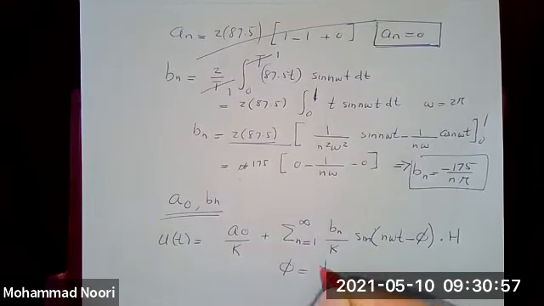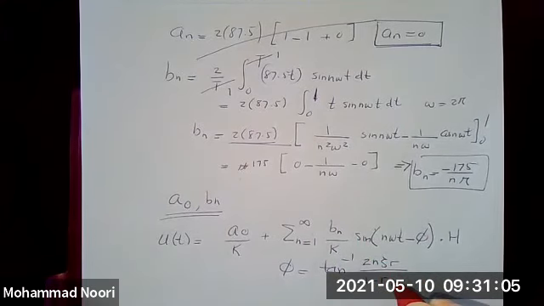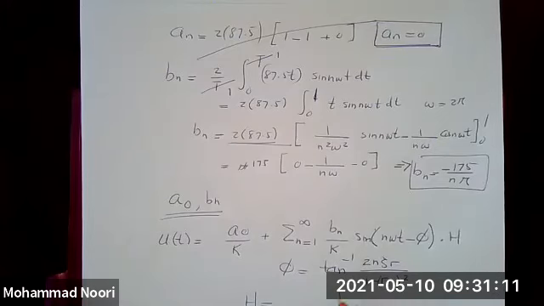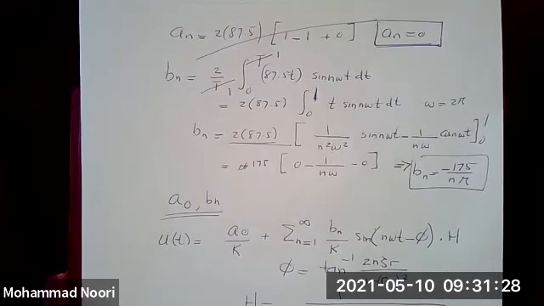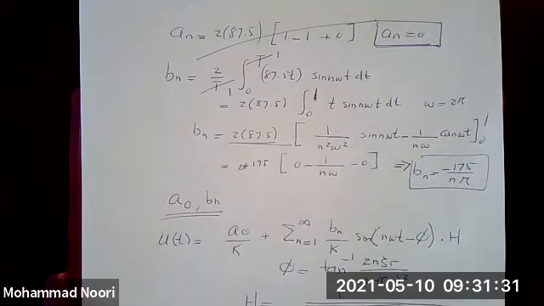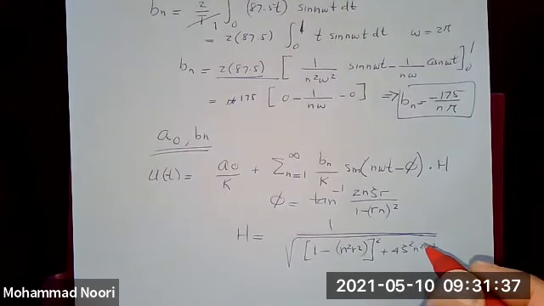Phi is the arctangent of 2 n zeta r over 1 minus n squared r squared. And h was 1 over the square root of (1 minus n squared r squared) squared plus 4 zeta squared n squared r squared. You remember this. So this is the frequency response function.